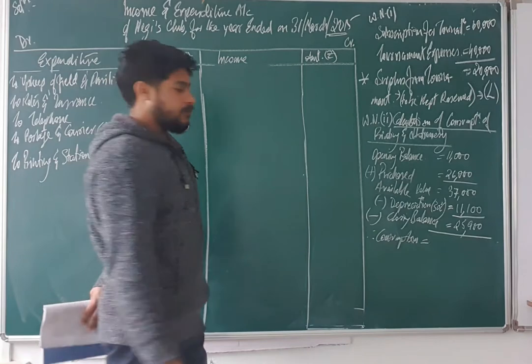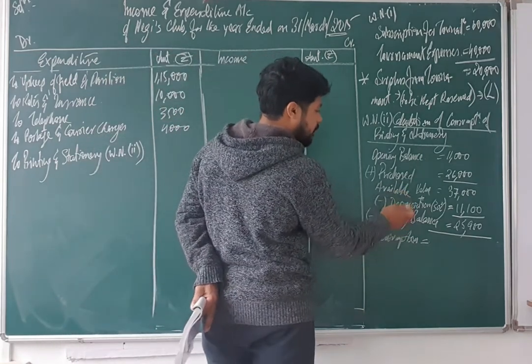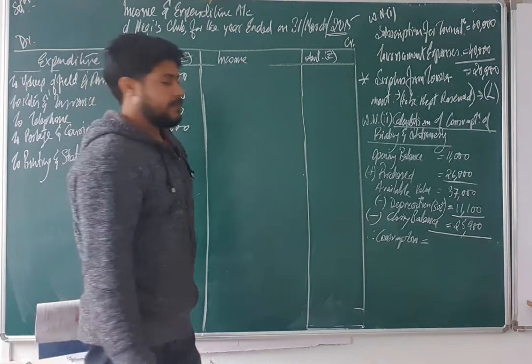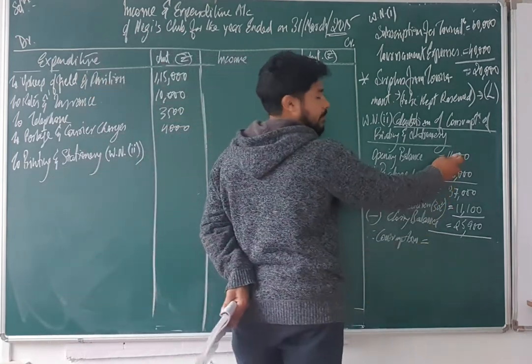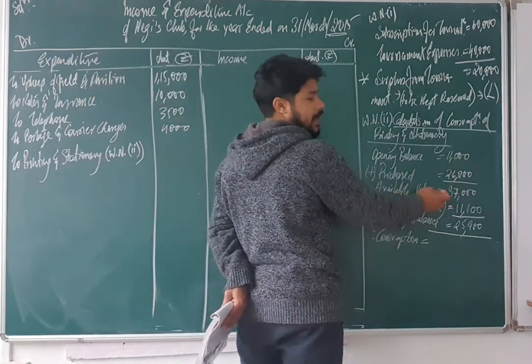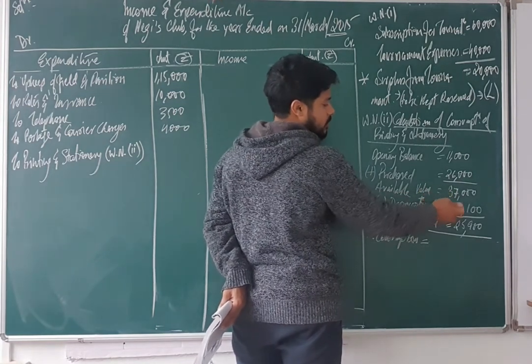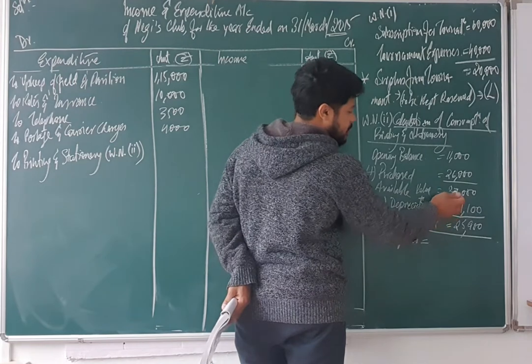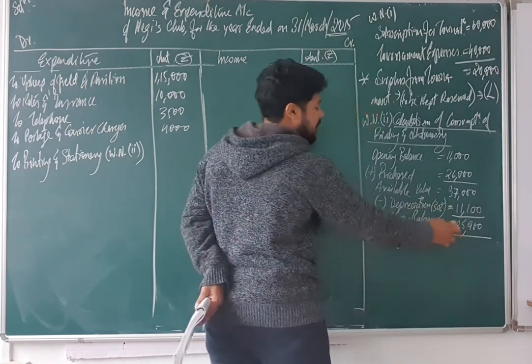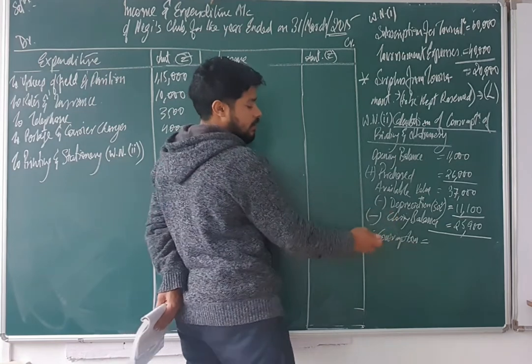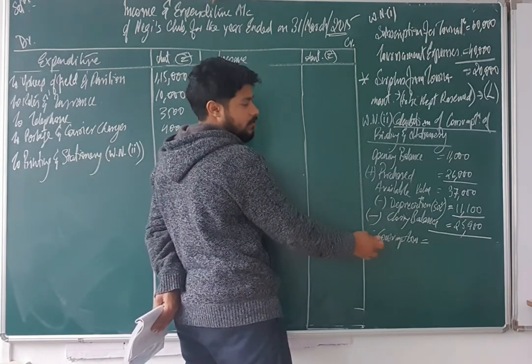Is it okay? For closing balance also we calculated these two things. Please remember. We got opening balance and purchases. Available balance we got, less depreciation on this. After depreciation on this value, this became the closing balance. Am I clear? Hence, now if you want the consumption, how do we do it?